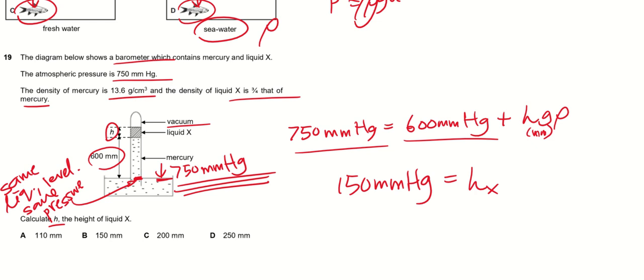So Hx multiplied by g, multiplied by density of X.